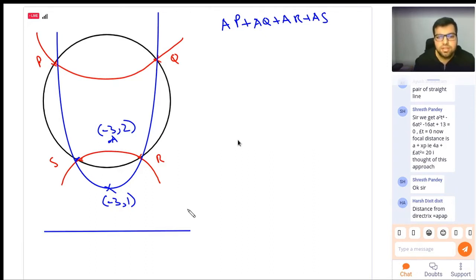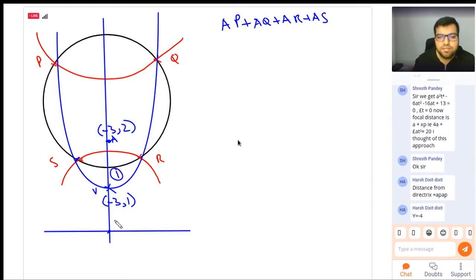For the directrix, let me draw the axis first. Okay, so now things will be clear. This is the focus (-3, 2). Distance between focus and this vertex V is 1. So this point will be 1 unit down, (-3, 1). So this will be (-3, 0), because this is 1 unit down from vertex V.